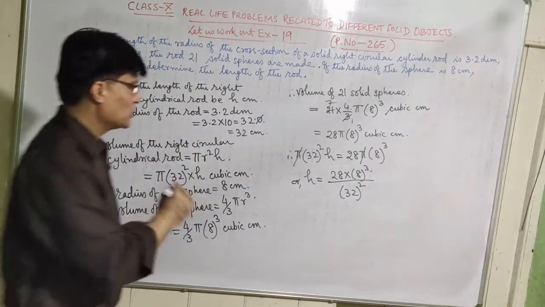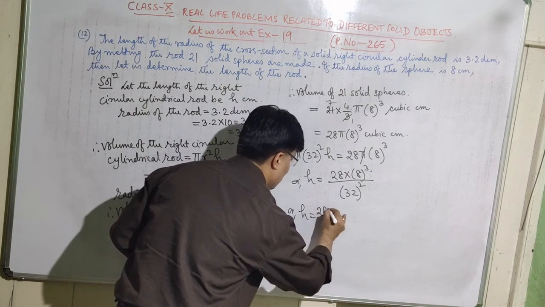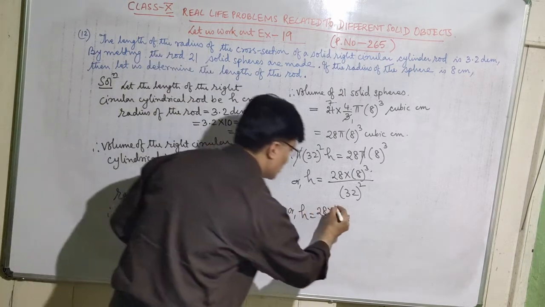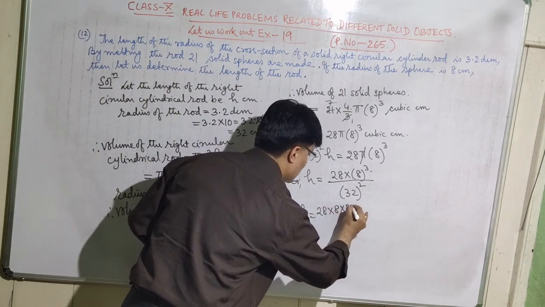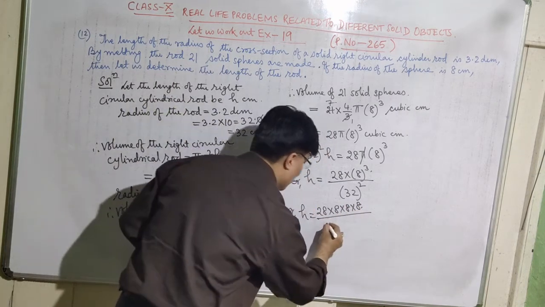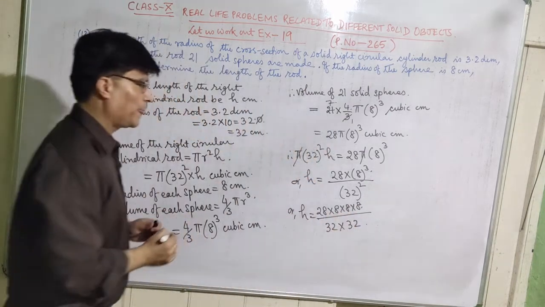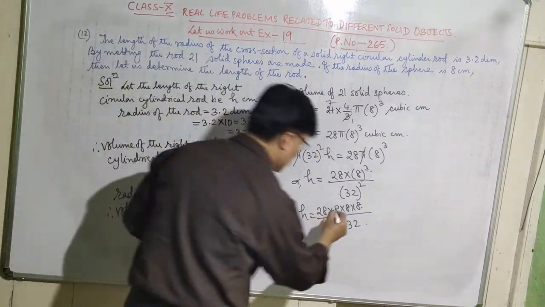Is that clear? So let us simplify it. Or h is equal to this is 28 into, what is 8 whole cube? 8 into 8 into 8 divided by 32 whole square, which means it is only 32 into 32. Is that clear? So cancel it.